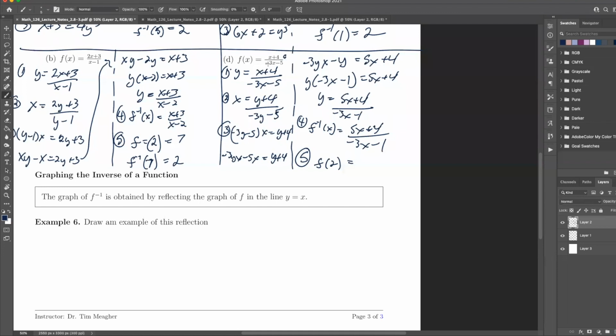Down below I'll have minus 6 minus 5. Ooh, that seems terrible. That seems awful. So that'll be negative 6 over 11.